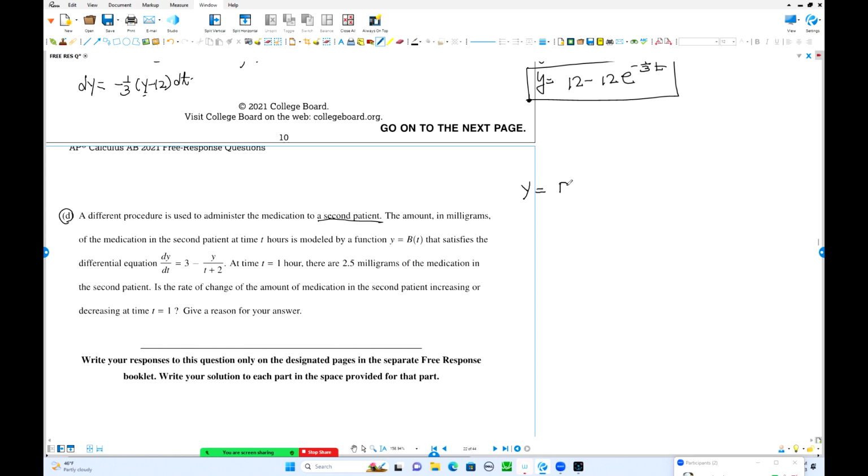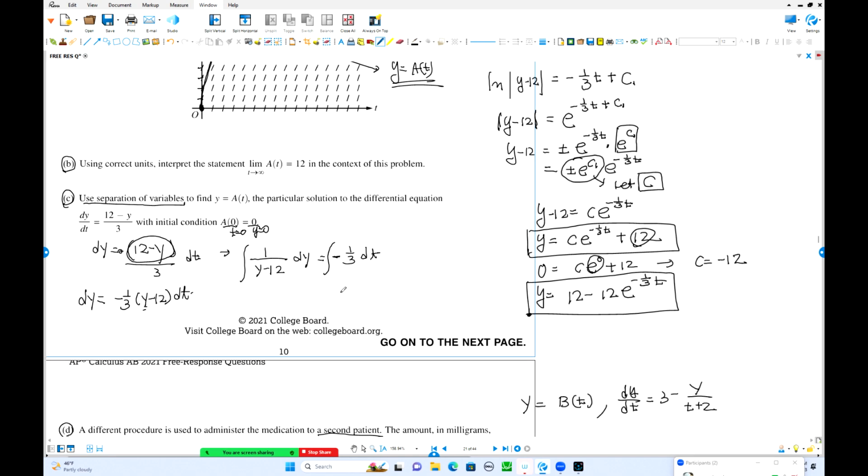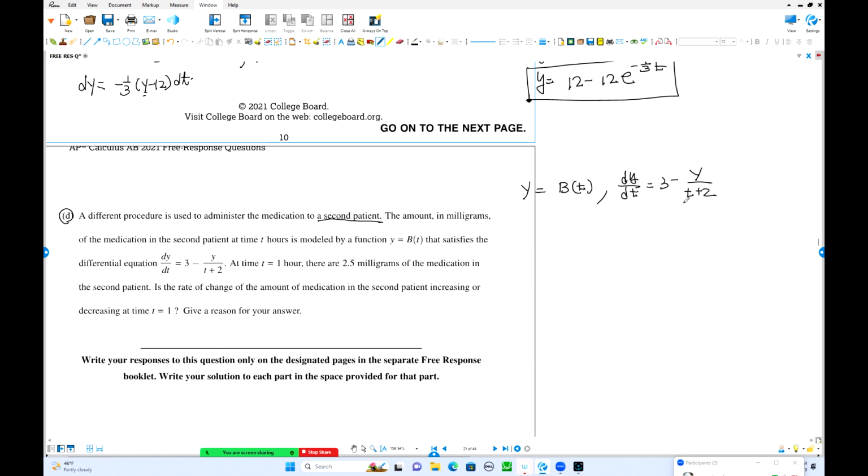It satisfies the differential equation dy/dt equals (3 minus y) over (t plus 2). Before, it was 12 minus y over 3. Totally different.